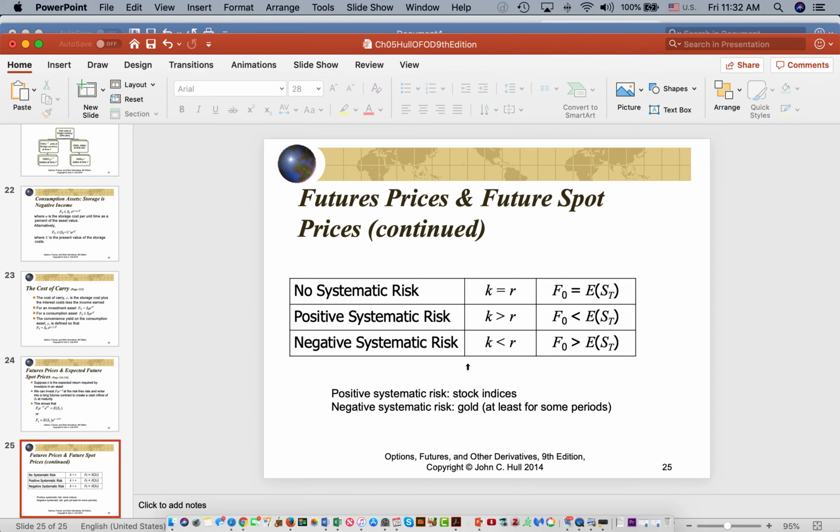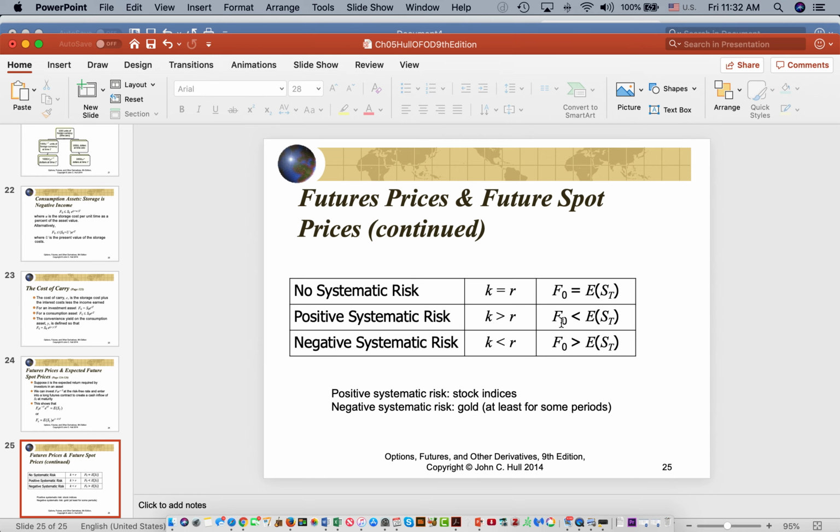The most important slide is this one where you say K is the required rate of return and the interest rate or cost of carry is this. So at that time, your expected future spot rate, which you have to generate in order to invest in your primary asset, has to be equal to F sub 0, which is basically the flat line that we saw.